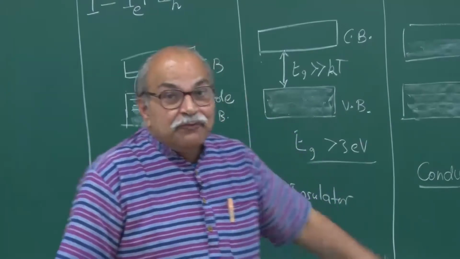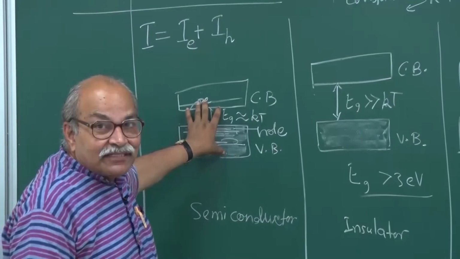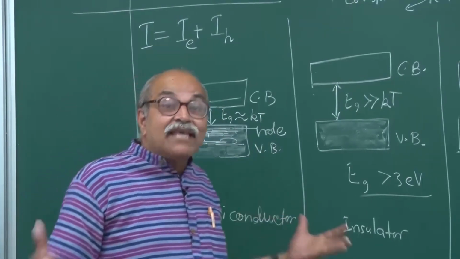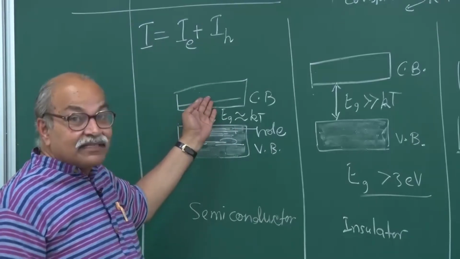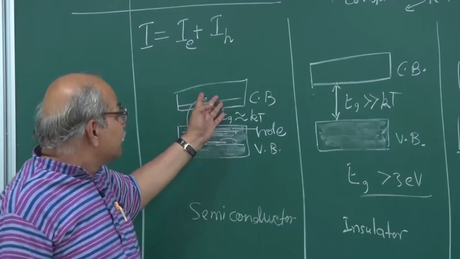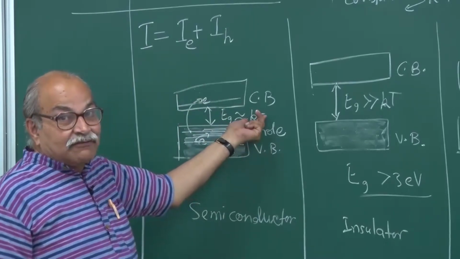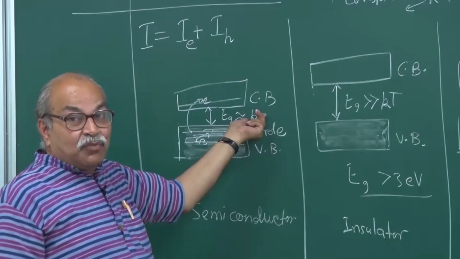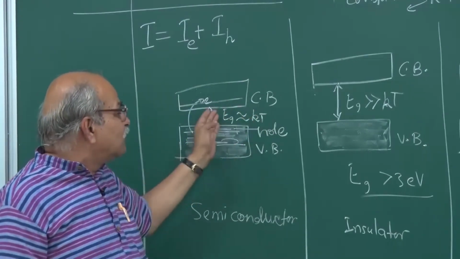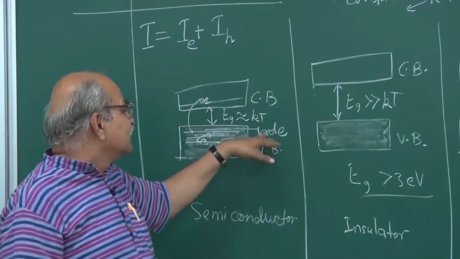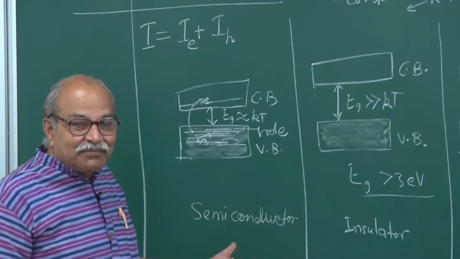But if you talk of semiconductors, increasing temperature is a big asset, because these conduction electrons, these filled quantum states, are there because of the temperature, because of kT. If the temperature is more, then kT is more, and then E_g, which is of the order of or slightly more than kT, is satisfied even better.